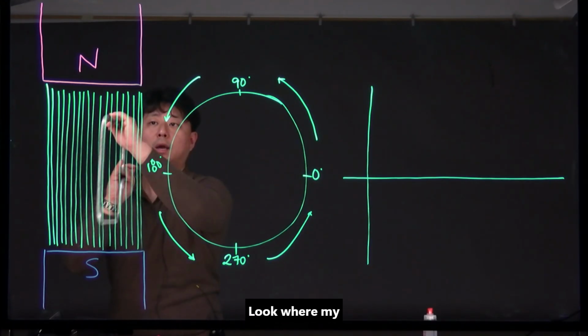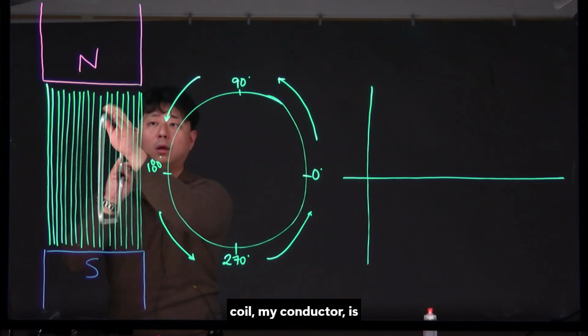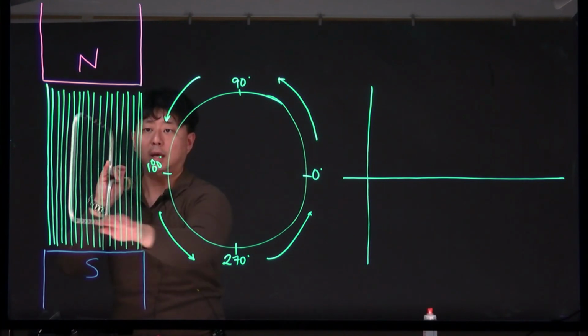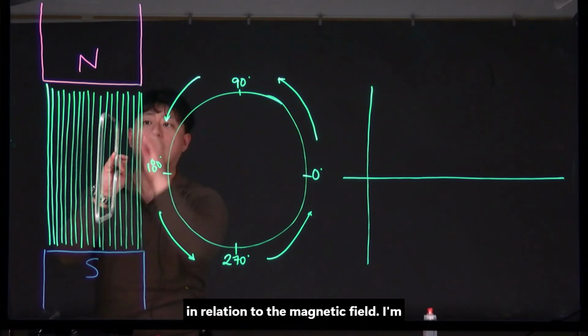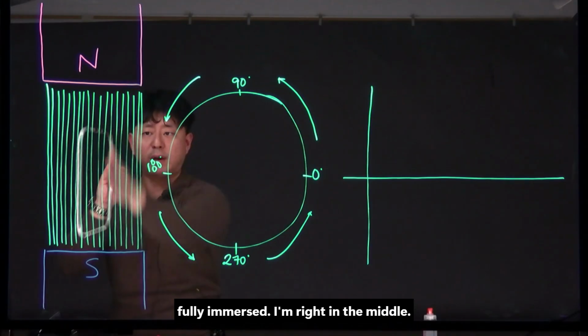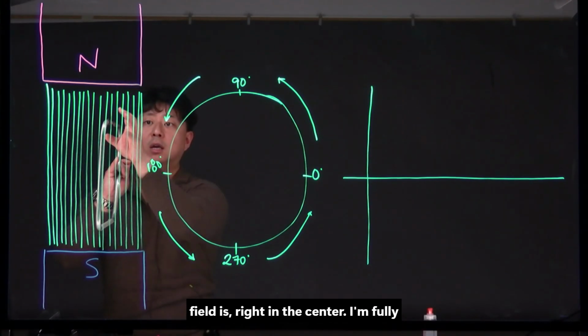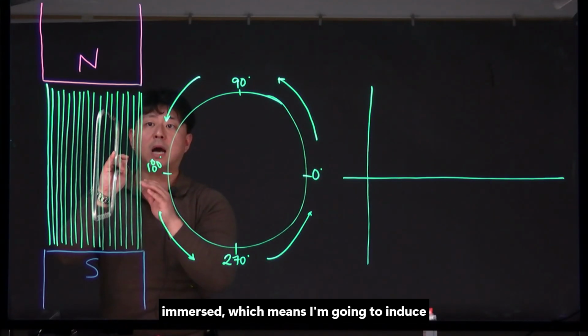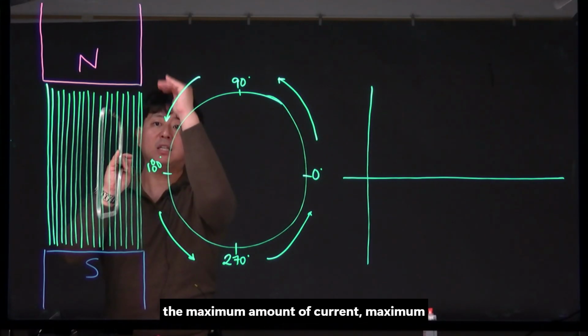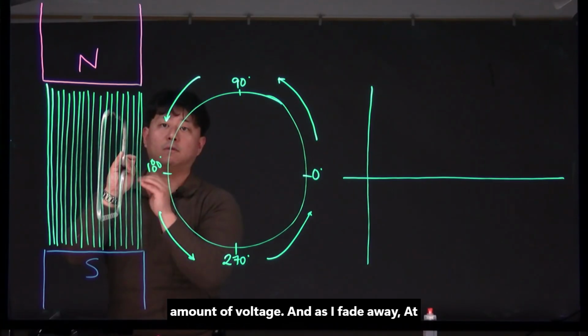Look where my coil, my conductor, is in relation to the magnetic field. I'm fully immersed. I'm right in the middle. This is where the strongest magnetic field is, right in the center. I'm fully immersed, which means I'm going to induce the maximum amount of current, maximum amount of voltage.